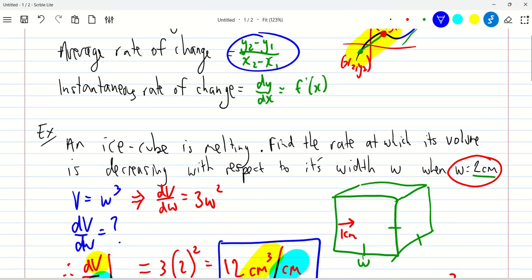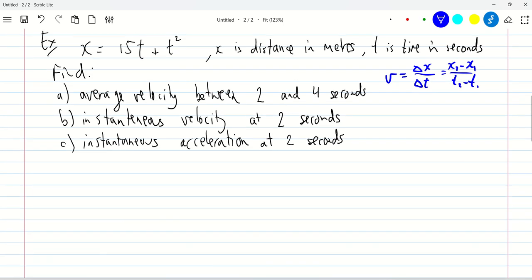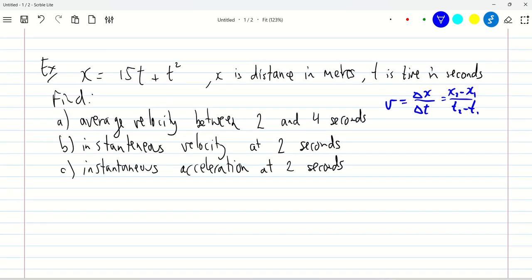In this question, it's between 2 and 4 seconds. That would be our average. The second one down here is the instantaneous velocity. Instantaneous velocity will be dx/dt, the derivative of x with respect to t, which gets us our exact velocity.